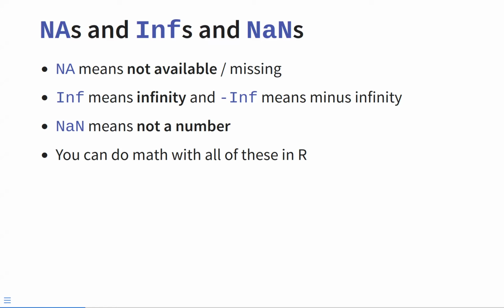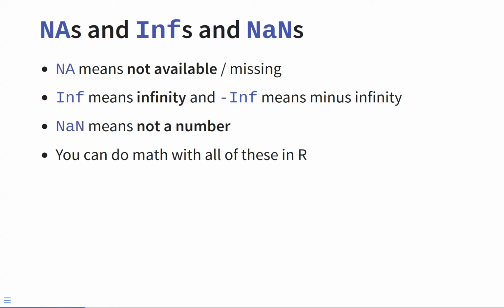In R, NA means not available, or in other words, missing. If some kind of value is NA, that means we don't have access to it. We don't know what it is. Inf, on the other hand, means infinity, and -Inf means minus infinity. NaN, on the other hand, means not a number.